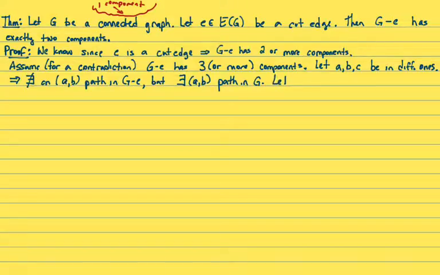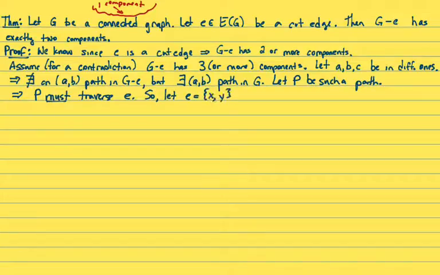So let P be a path that does exist in G. You can get from A to B in G, but when you remove the edge E from it, you cannot. So that means that P has to go across E. There is a path from A to B that crosses E. When you remove E, that path is no longer possible. Let XY, just for the sake of notation, be that edge.